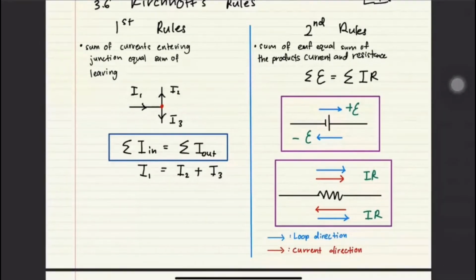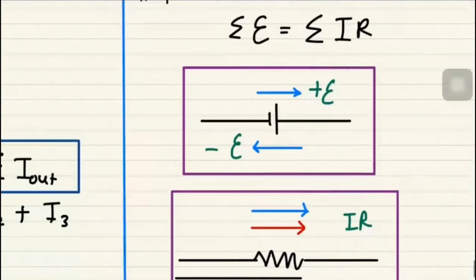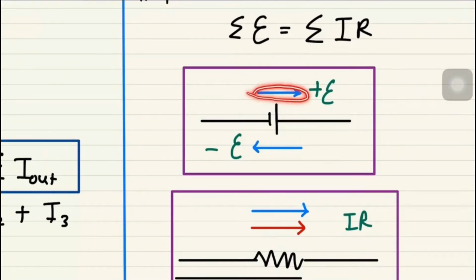Let me repeat. We are looking over here. This one is your battery. This is the left hand side, the EMF part. We want to determine whether the EMF is positive or negative. So you have to follow the direction of loop. The loop direction is for you to decide.